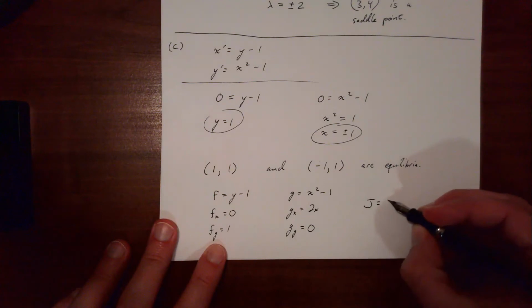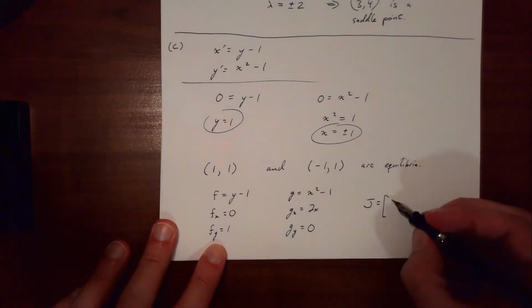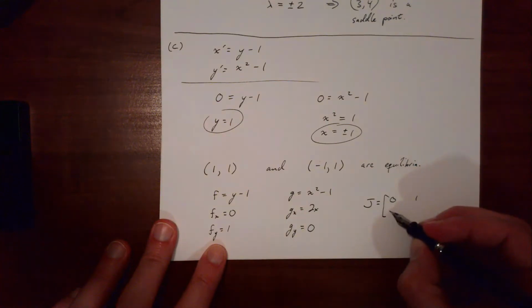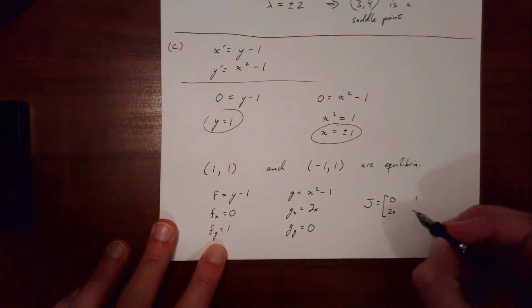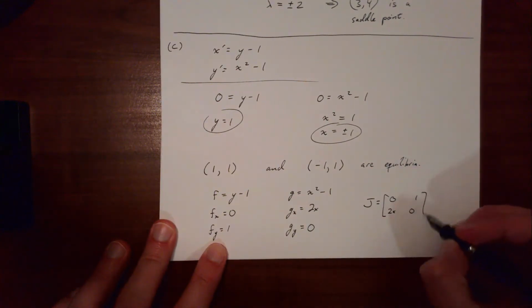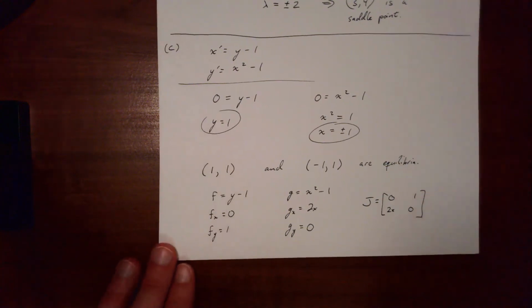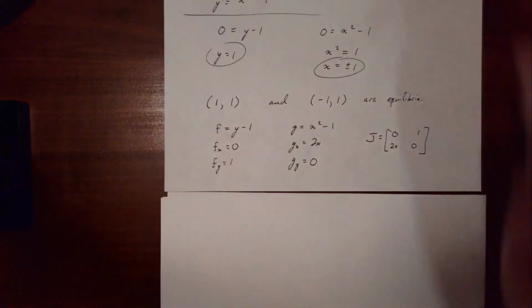So that means that J is going to equal [0, 1; 2x, 0]. So that's our Jacobian matrix. And now what we will do is look to the eigenvalues at each of these points.